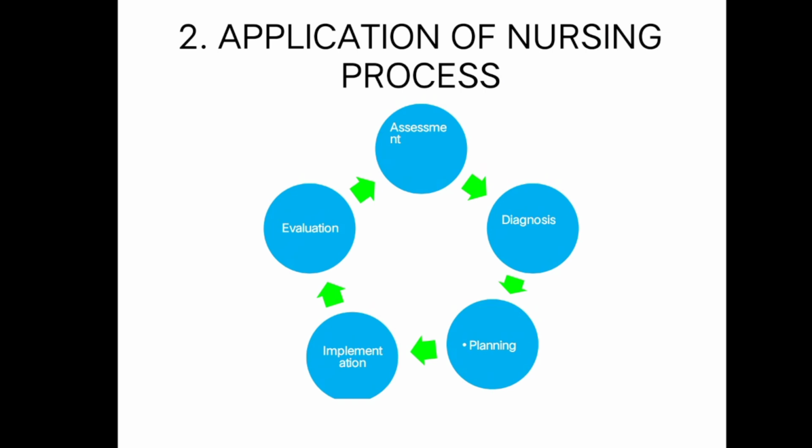For example, in assessment you have done a pain assessment. Based on pain, you frame the diagnosis. Based on the NANDA diagnosis, you frame pain as the first priority nursing diagnosis. Then you are going to do the planning for that pain. First you will assess the pain status, then you will provide comfort measures and comfortable devices to the patient.